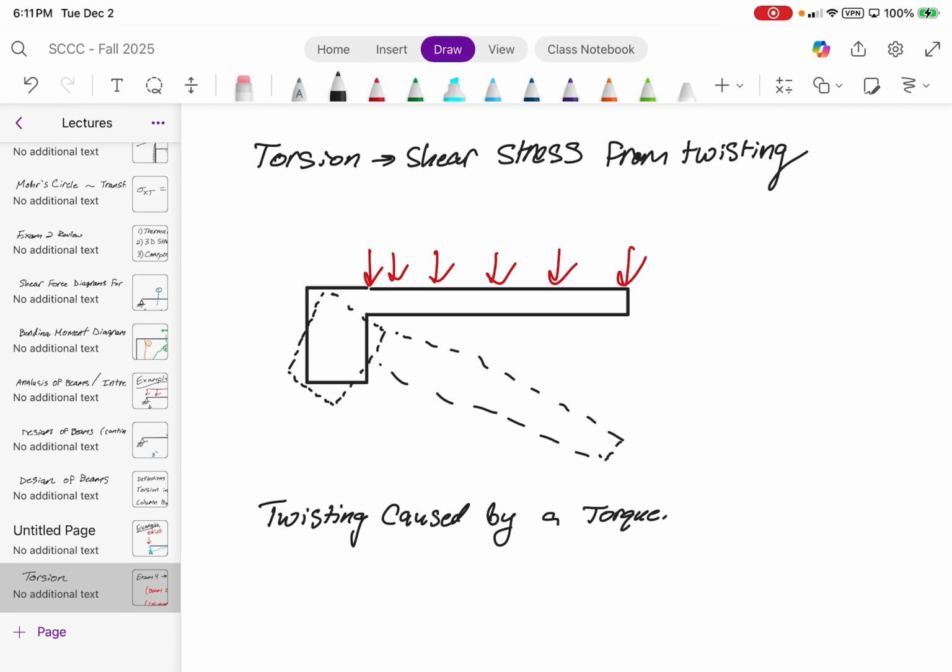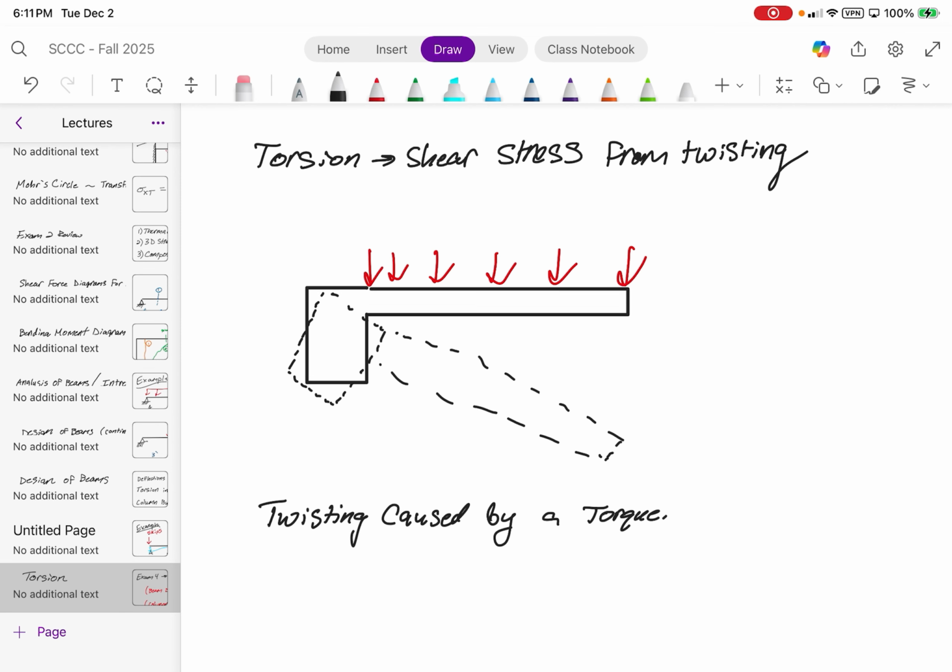It could be way down here. It could be up here. So let's say that it rotates up here, and we'll call this point 2. From this deformation, we call this deformation phi. That's the rotation that it undergoes.